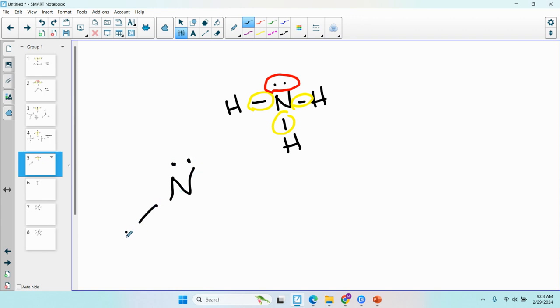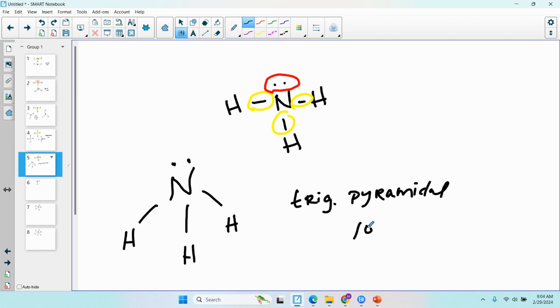So now when you redraw this, all of those hydrogen are getting shoved down. Okay, when you redraw that shape, so this is what you're going to start doing now that you know shapes. You're going to be redrawing them in a way that reflects those shapes.